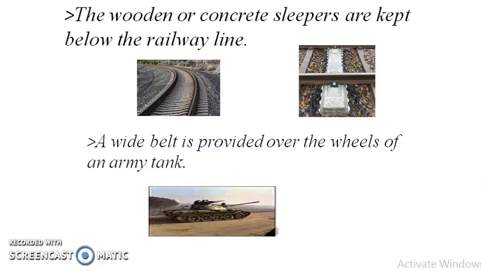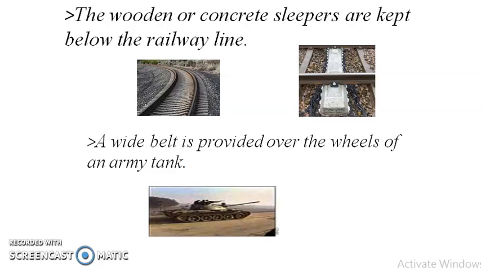Wooden or concrete sleepers are provided under the railway line, or military tanks are provided with wide belts so that they produce less pressure over the ground. So all of these observations are explained on the same fact, that is, the more the area, the lesser is the pressure, and the lesser the area, the more will be the pressure.